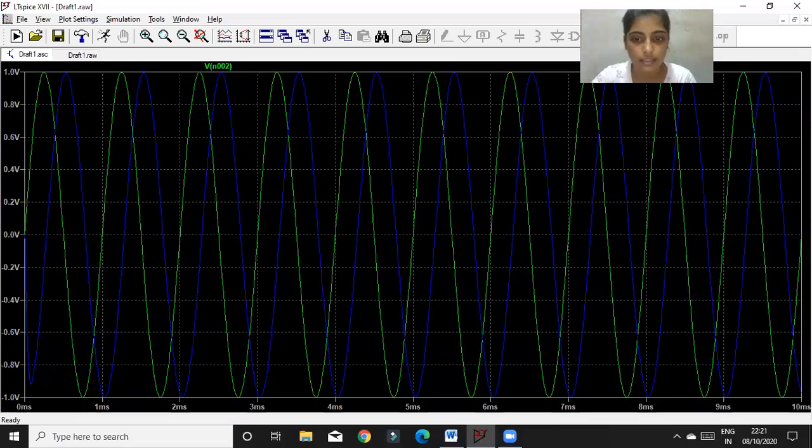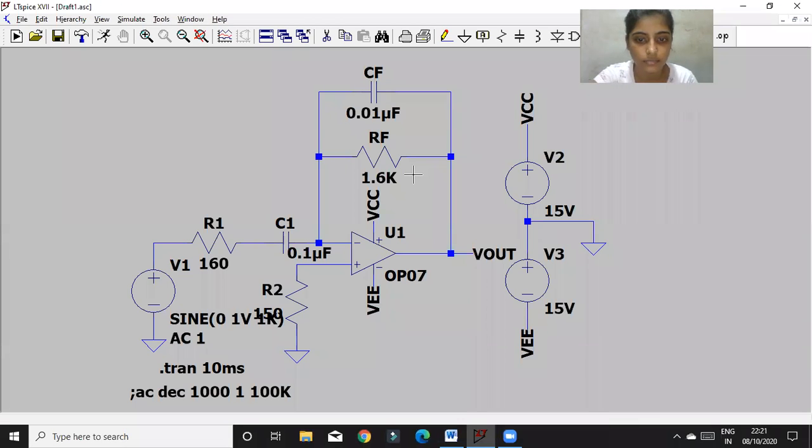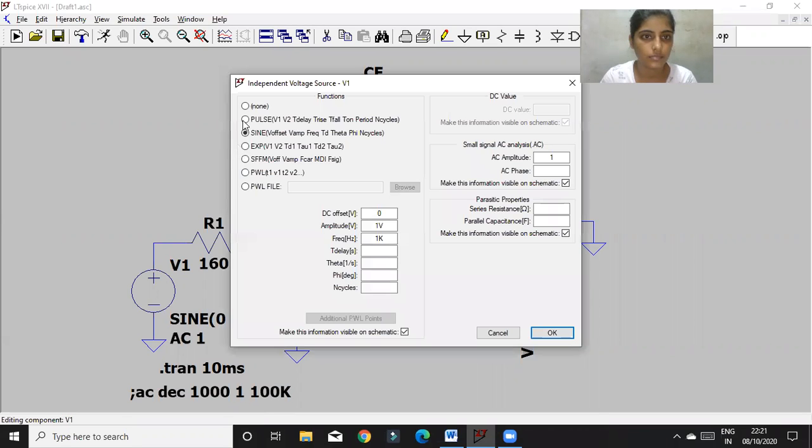So let's check another one. I change this. I select a pulse here. I'm giving a -1 initial value, then this is 1.